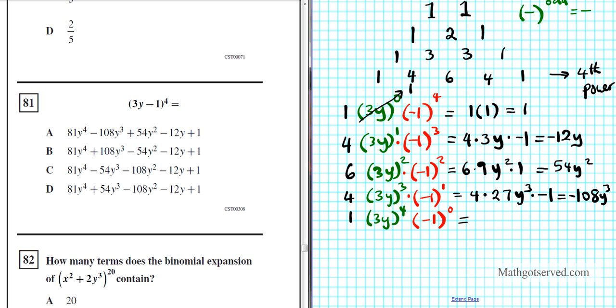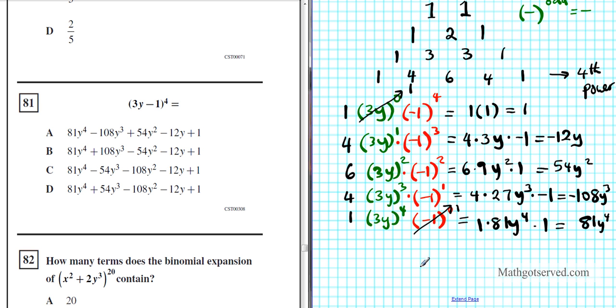And then last but not the least, negative 1 to the 0th power is just 1. 3y to the fourth is 3 to the fourth, y to the fourth. So 3 to the fourth is 81. So 1 times 81, y to the fourth, times 1. And then that is simply 81y to the fourth.